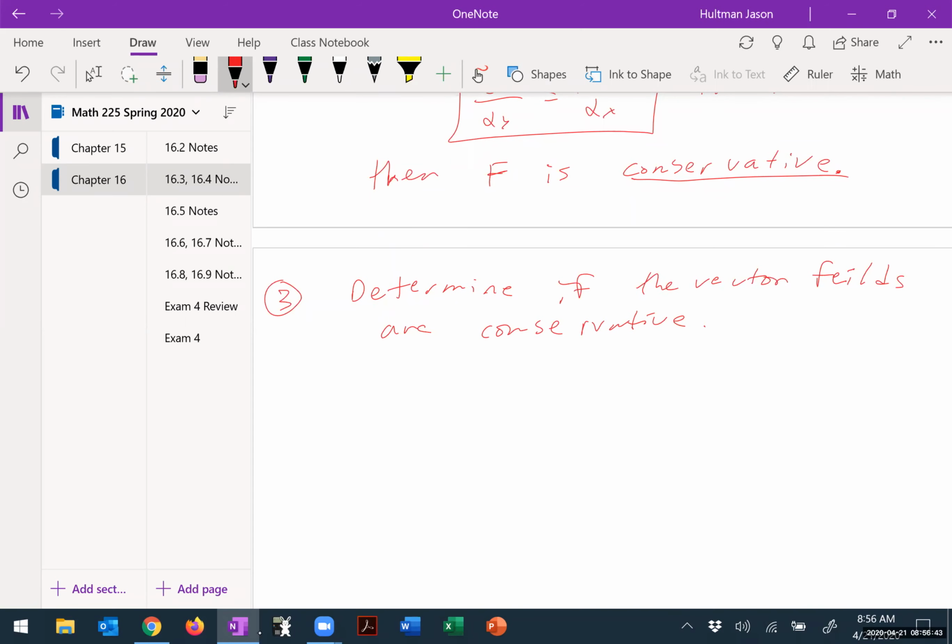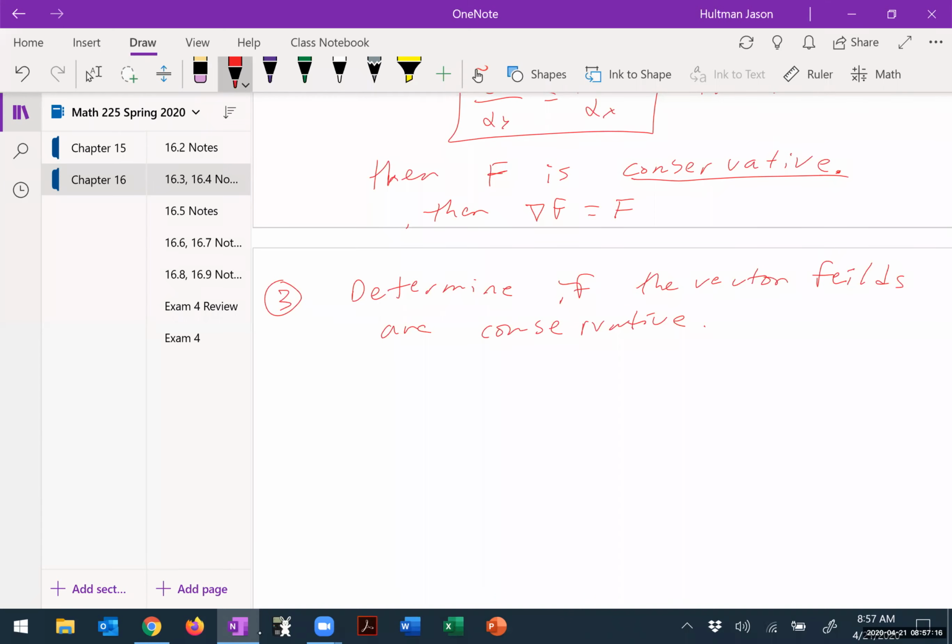Why is conservation important to us? Because it means that we can take the line integral of it with respect to the fundamental theorem of line integrals. If F is conservative, then there exists a parent function for that function.